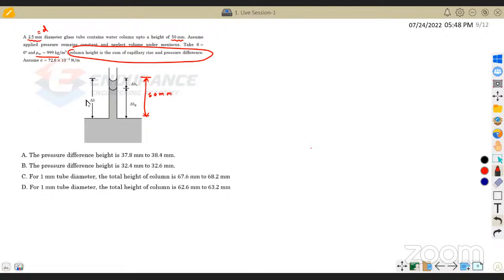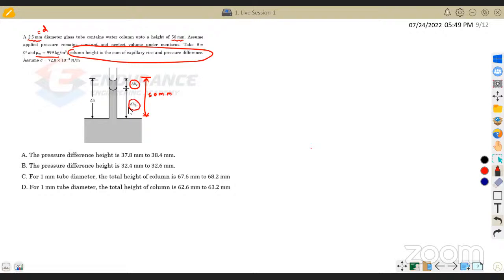The fluid, that is the water, is rising in the capillary tube. In that capillary tube, the fluid which is present has two heights. We can divide it into two. One rise in the height is due to capillary action.